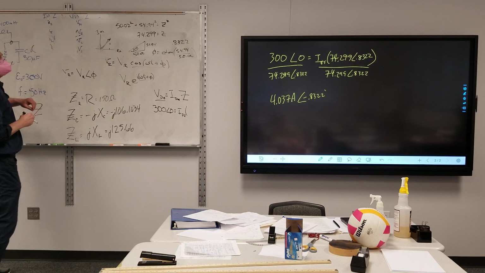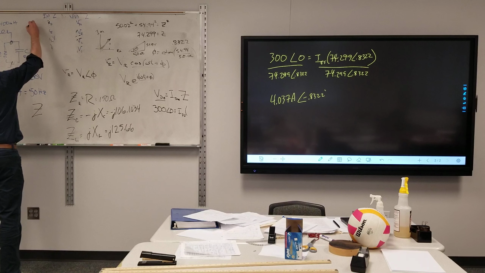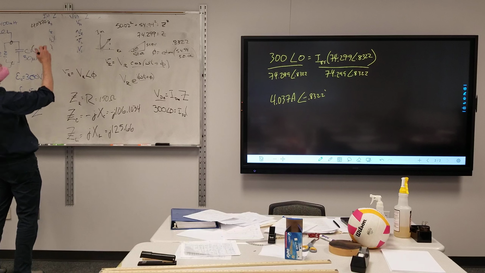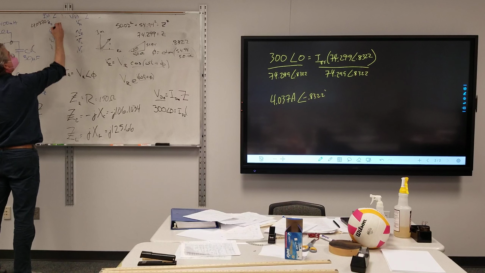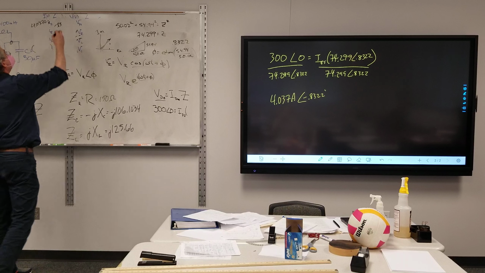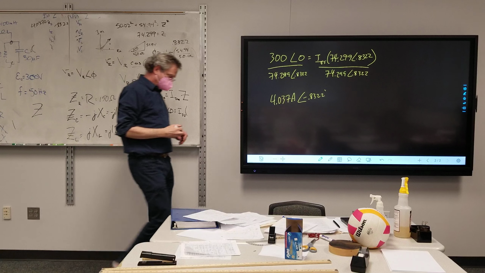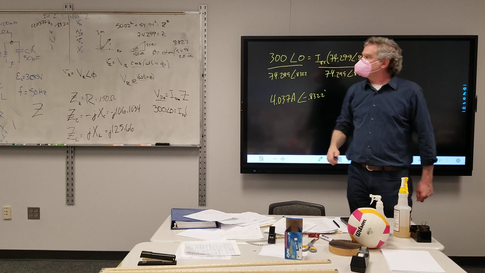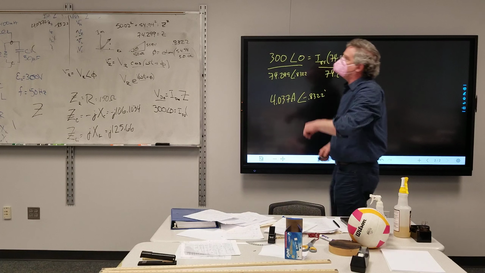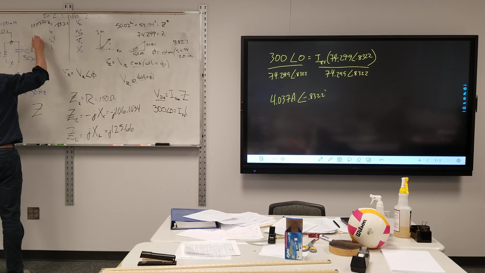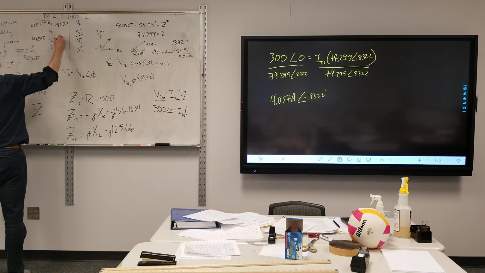So current from the power supply is 4.0372 amperes at an angle of negative 0.8322. That's the same current as is flowing across my inductor: 4.0372 at negative 0.8322.